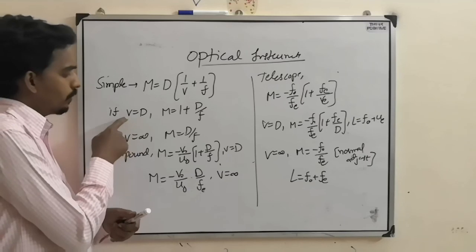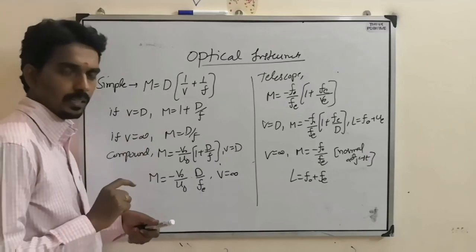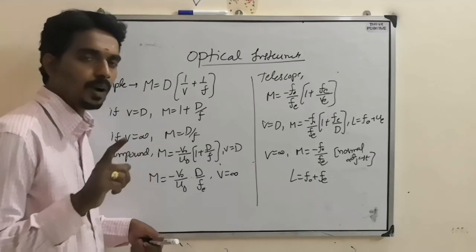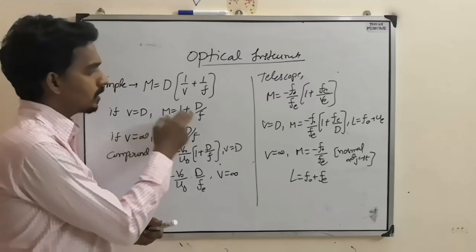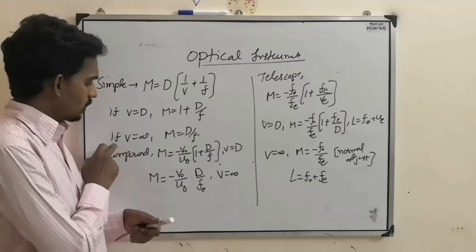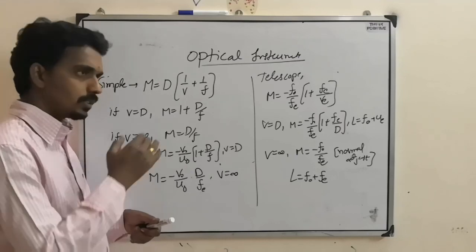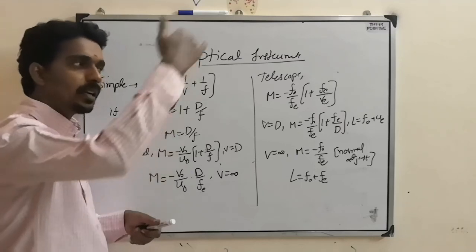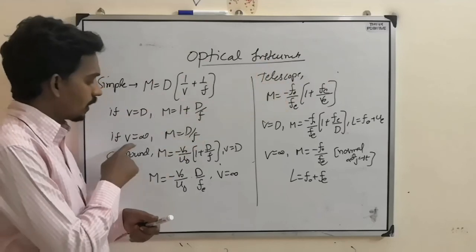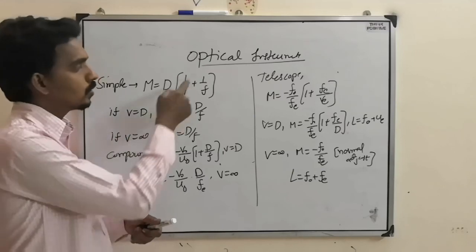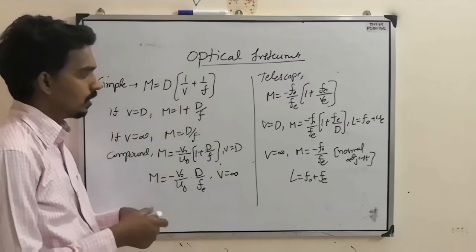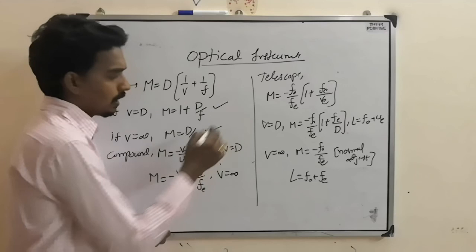If v equals D, one condition, if the final image is formed at least distance of distinct vision, then 1 plus D by F. Otherwise, the other case is the image is formed at far distance, which we call infinity. Then 1 by infinity becomes 0, so D by F becomes the formula. So you have to remember these two formulas.